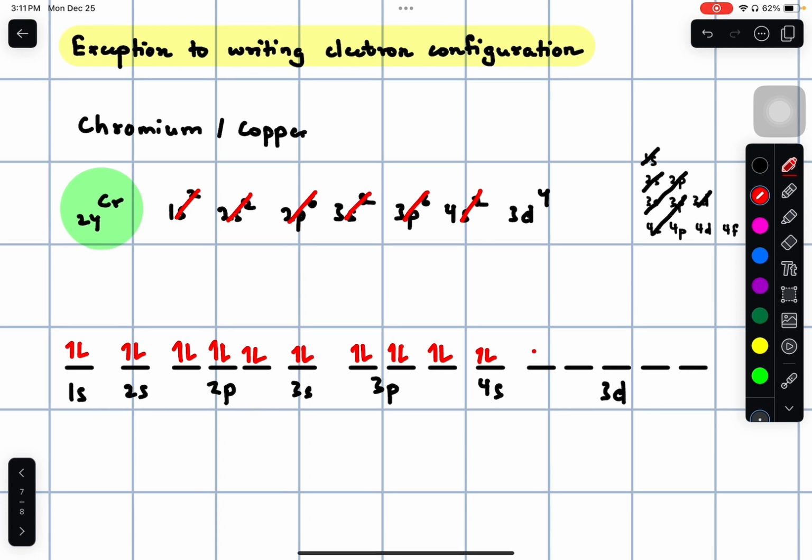Then for 3d4, 1, 2, 3, 4. Now, the exception to writing the electron configuration for chromium that you need to know is that we have a full subshell here and we don't have anything here.